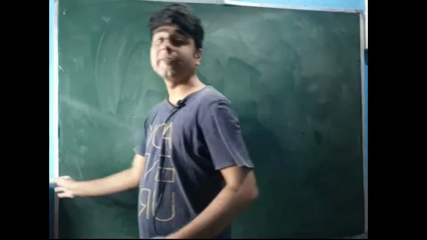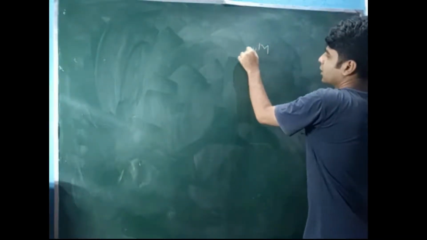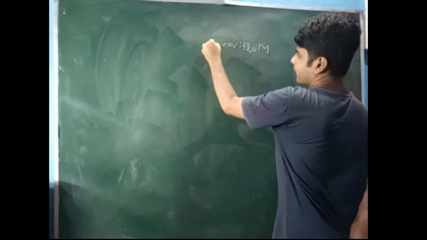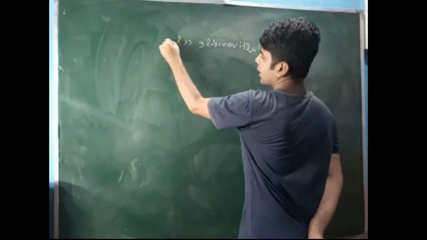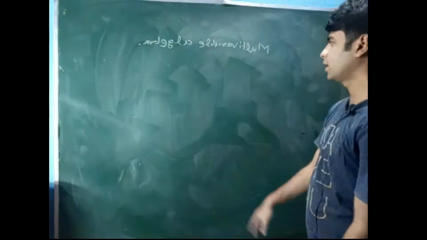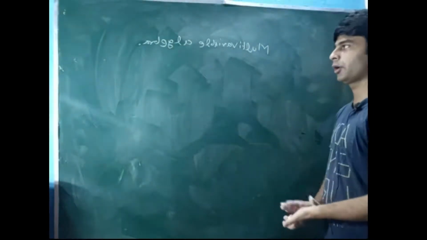But linear algebra is not the only case. Also we have multivariable algebra. I am not practicing a problem right now, but I will obviously make a video on it.